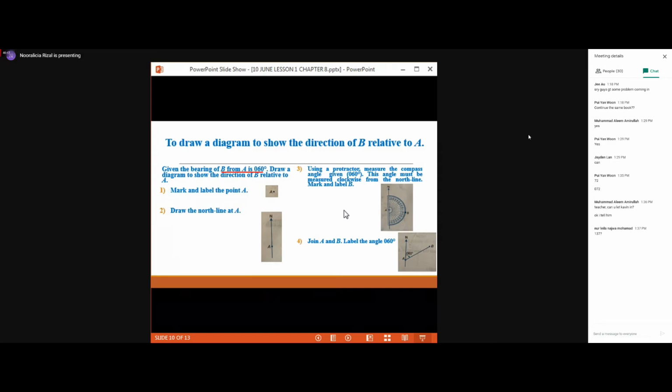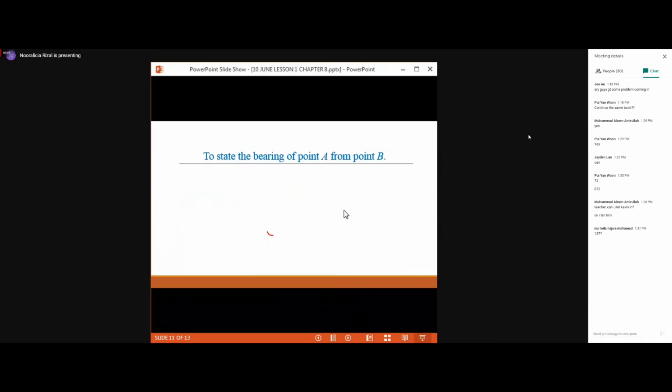Yes. Okay, so this one is important here. State the bearing of point A from point B, if the bearing of point B from A is 74 degrees. This is your question. There's no diagram.